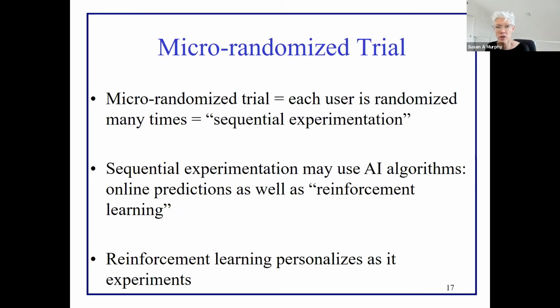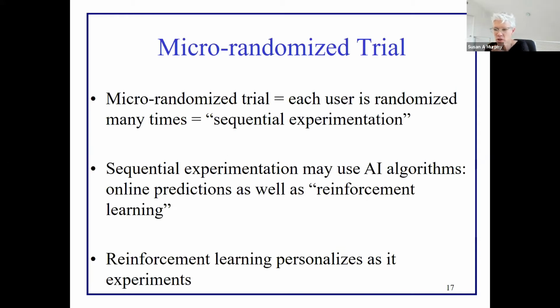One could use an artificial intelligence algorithm to choose that randomization probability. And that AI algorithm could use predictions of how burdensome you think that you may be, how burdensome or how habituated you are. And this all involves what's called reinforcement learning. So reinforcement learning is an area of computer science.